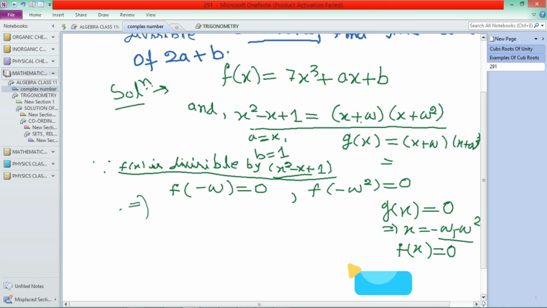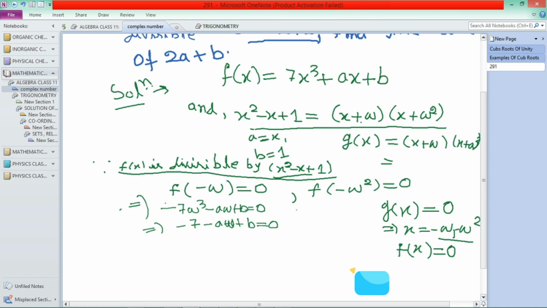If f of minus omega equals 0, then minus 7 omega cube minus a omega plus b equals 0, and omega cube is 1, so minus 7 minus a omega plus b equals 0.